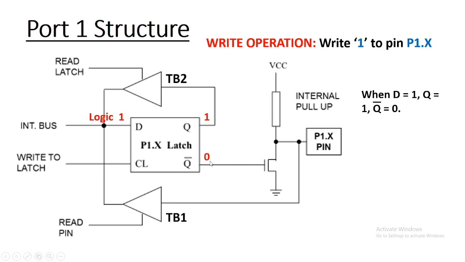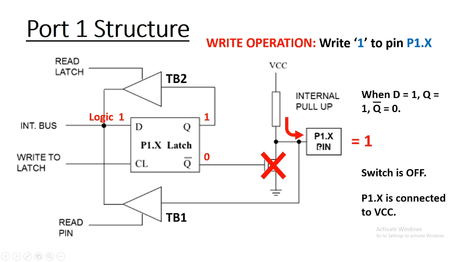This Q bar 0 is connected to the gate of this transistor. This is a FET, and this terminal is the gate. So 0 is applied to this FET, and that's why it is switched off. That's why the port pin is connected to VCC and it is providing you 1.